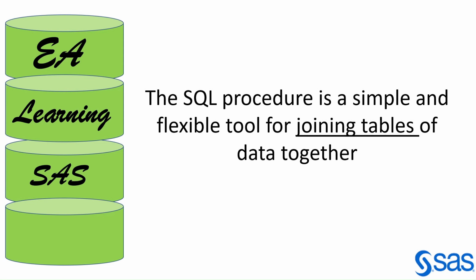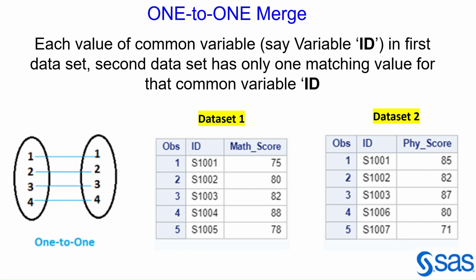I will give you a brief idea about the different types of joining or merging of the data sets. The first one is the one-to-one merge. In this situation, each value of the common variable in the first data set has only one matching value in the second data set.